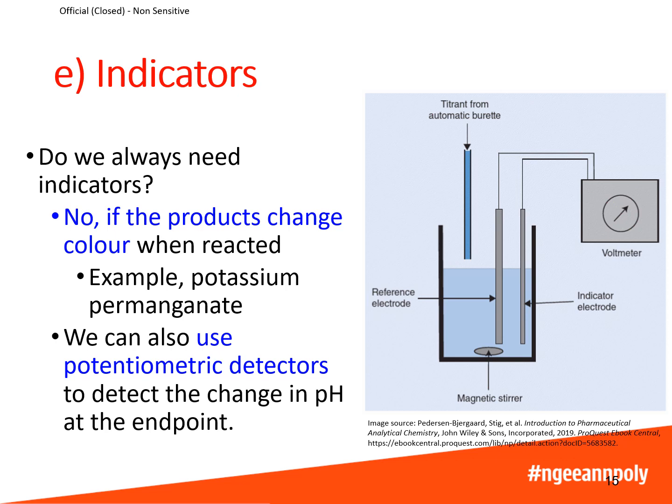For example, a glass electrode that is sensitive to hydrogen ions can be used to detect pH change. One advantage of potentiometric detectors is that it avoids the issue of ambiguous endpoints where the color change of an indicator is not clear. Another advantage is that it allows for automatic titration using an automatic burette.